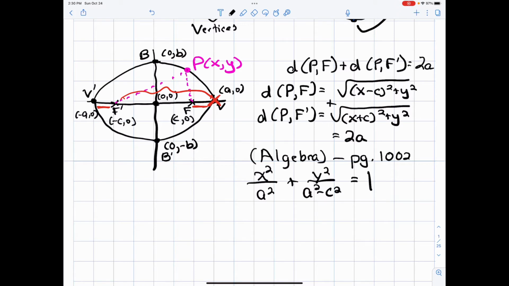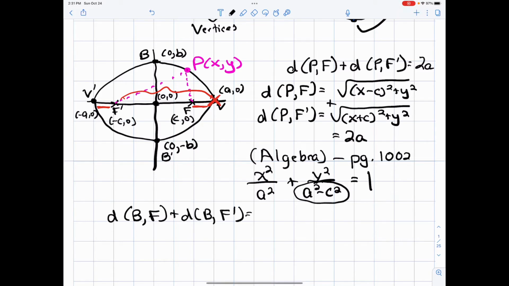Now to clean it up a little and deal with this a squared minus c squared, you can use point capital B there and talk about what's going on with it. You could do the distance from B to focus F plus the distance from B to focus F prime.